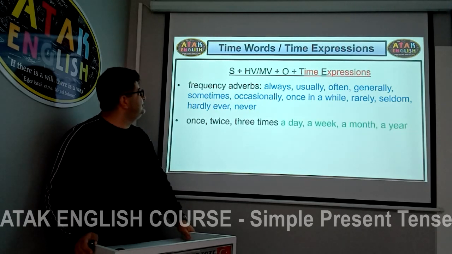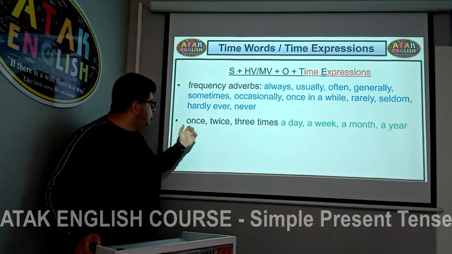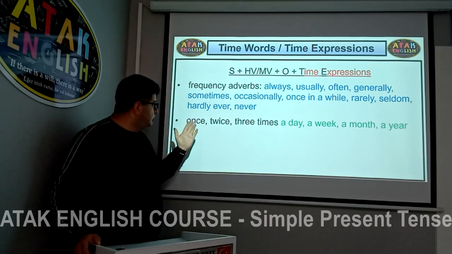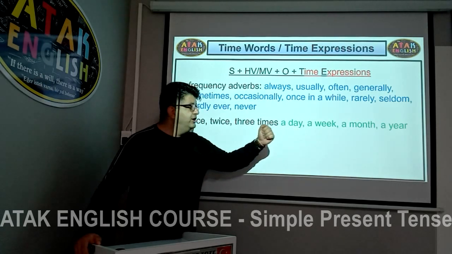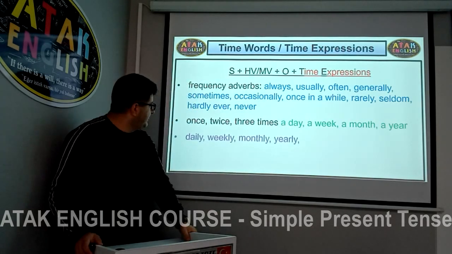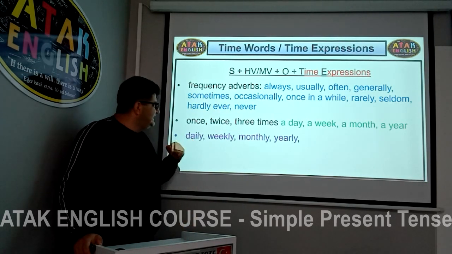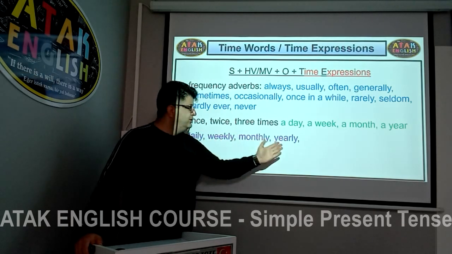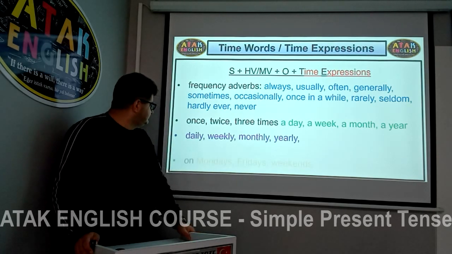Okay, some other time words, time expressions. We can use in simple present tense once, twice, 3 times a day, or once, twice, 3 times a week, a month, a year. Okay, we can also use daily, weekly, monthly, yearly as time expression, in simple present.